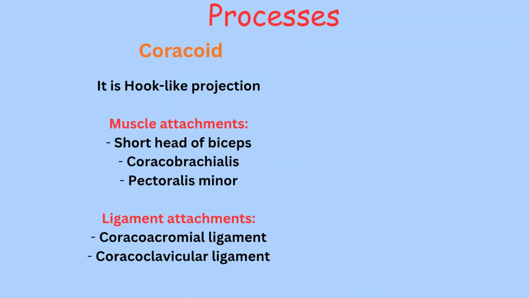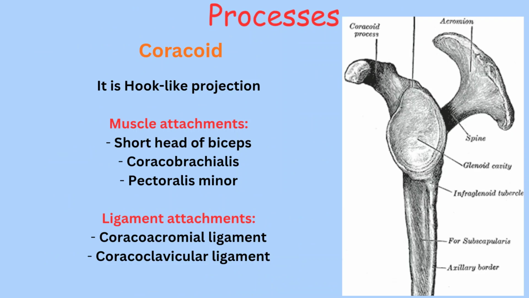Coracoid process, a hook-like projection. Muscle attachments: short head of biceps, coracobrachialis, pectoralis minor. Ligament attachments: coracoacromial ligament, coracoclavicular ligament.